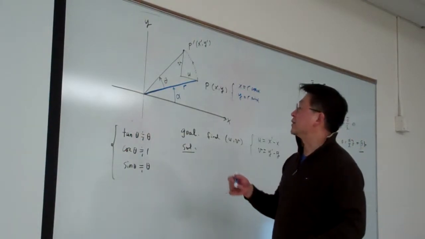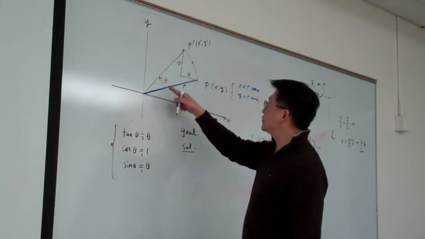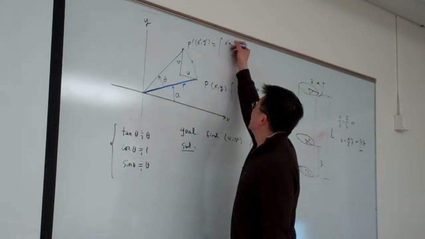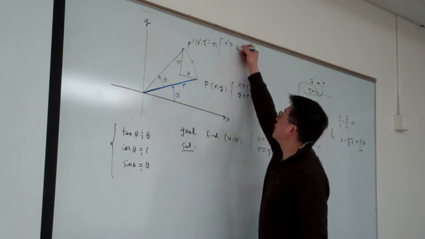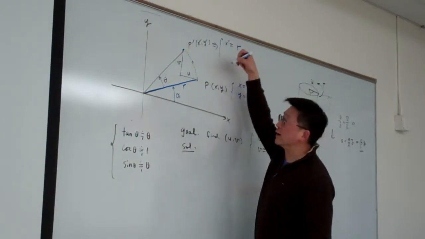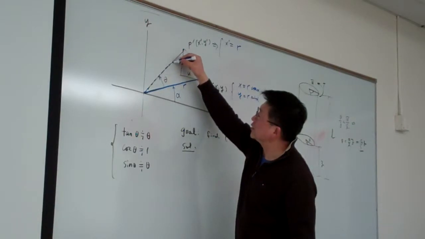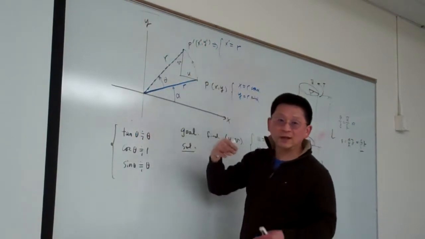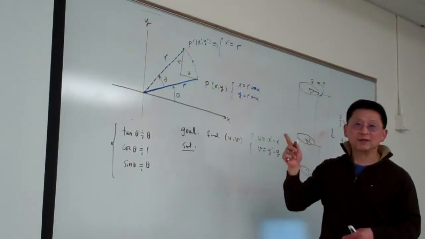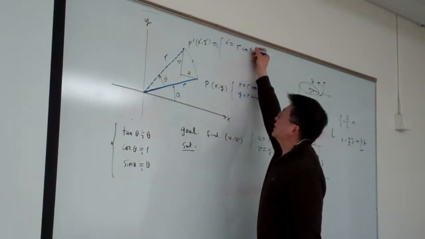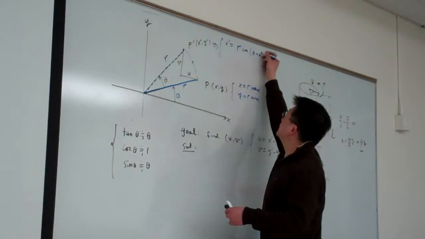Okay. On the other side, using the polar coordinates, you can see X prime will be equal to R. Why is it R? Again, because here we do rigid body rotation, the radial distance is constant, right? So that is R, and R times cosine of theta plus alpha.